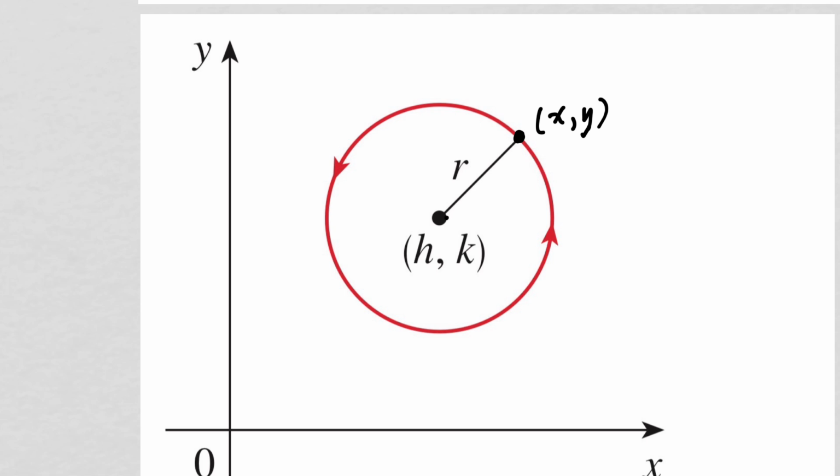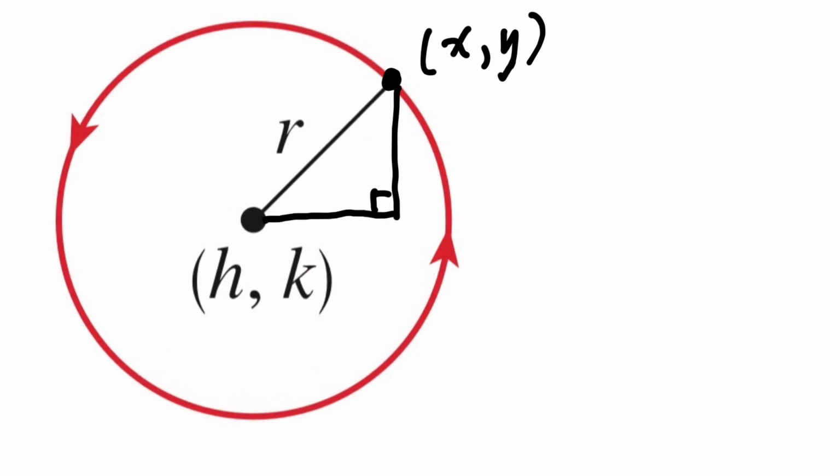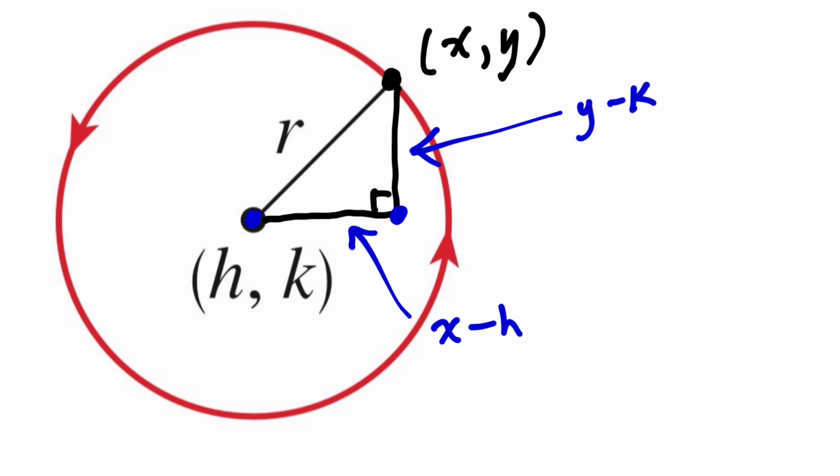Now notice that I can draw a right triangle here, and I can find the length of this side here by taking the x coordinate of this point and subtracting the x coordinate of this point. And of course, that's just going to be x minus h. And I can find the length of this side here by doing the same thing. I'll take the y coordinate here minus the y coordinate here, which is going to be y minus k.